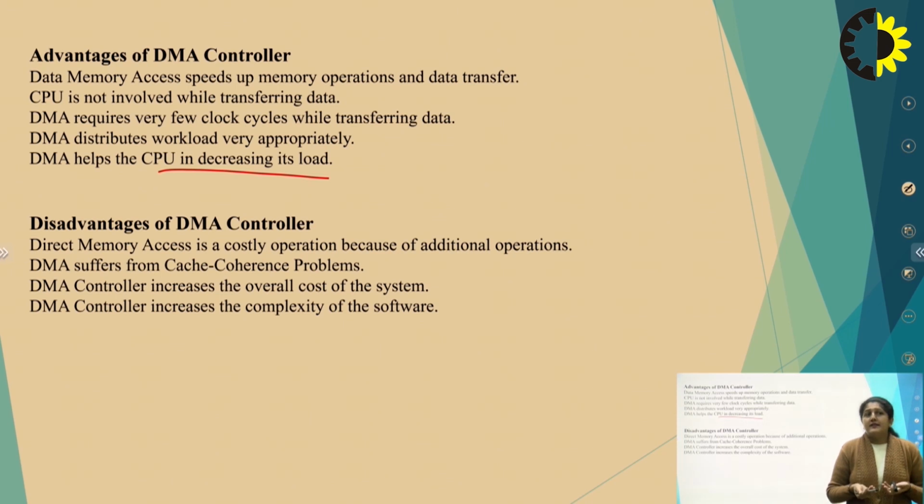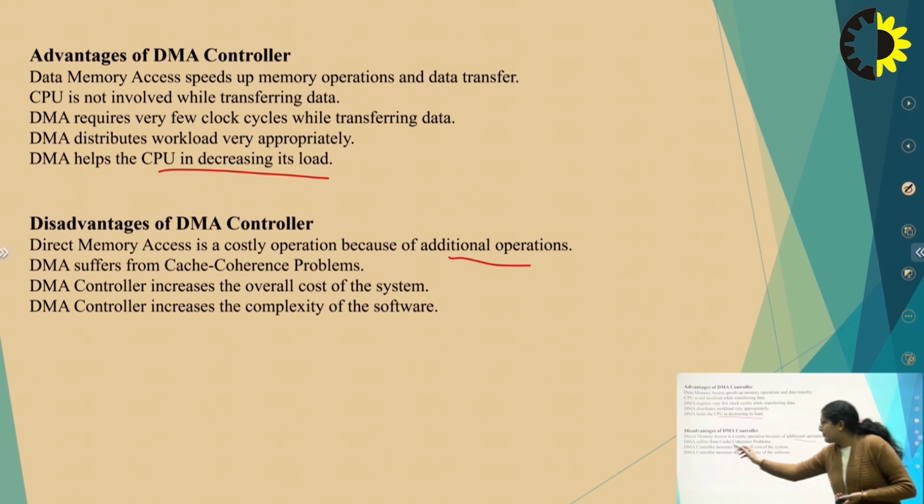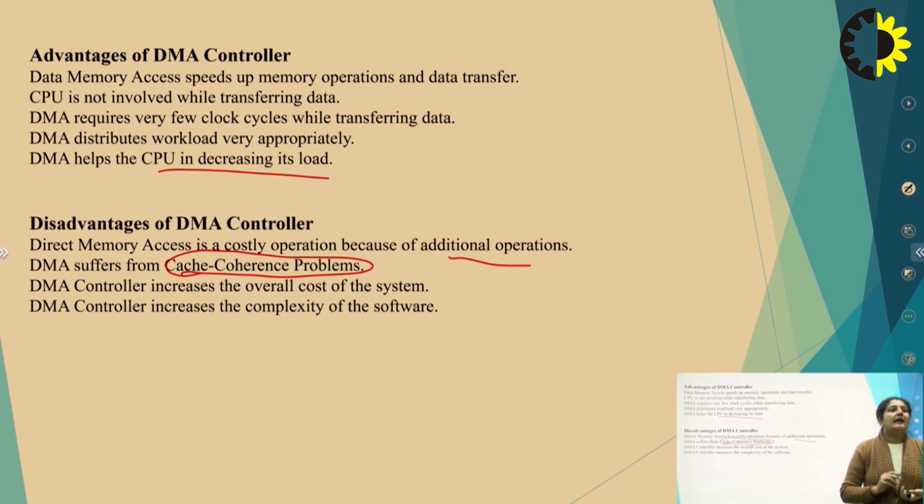But there are some disadvantages. The DMA controller is costly in operation because of the additional operations we do. DMA suffers from the cache coherence problem. This is the main problem. The DMA controller increases the overall cost of the system and also increases the complexity of the software.